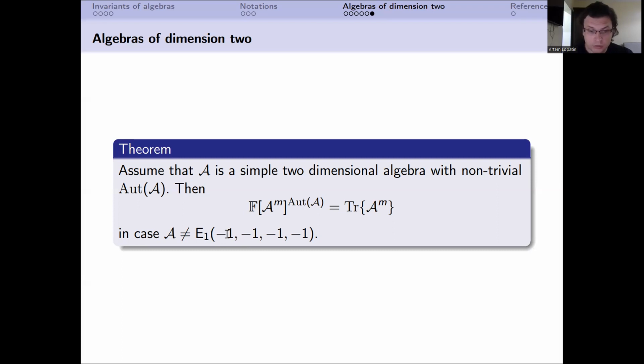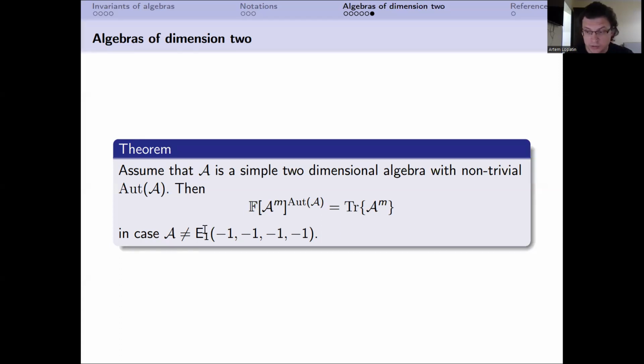Quite often it's also required that the trace is associative, meaning that trace of AB times C is equal to trace of A times BC. If we come back to the trace of octonions, it satisfies these two properties.